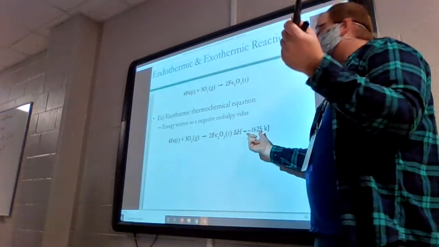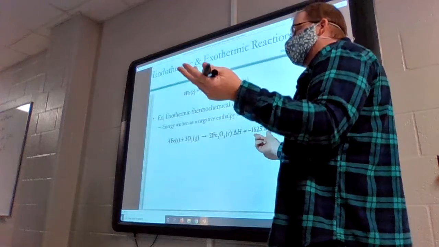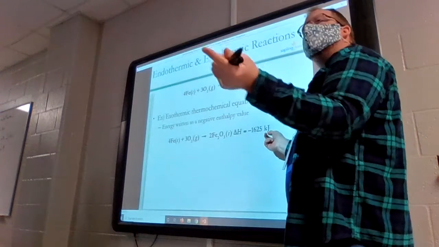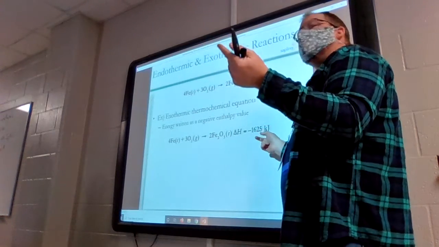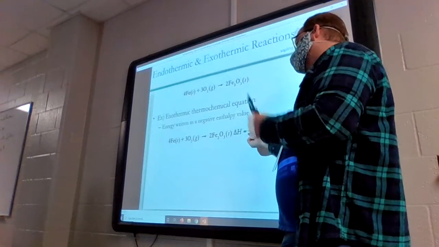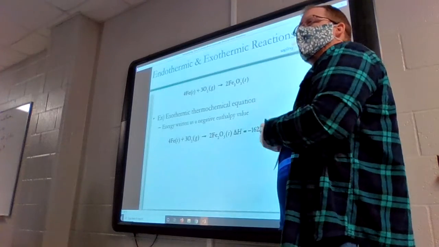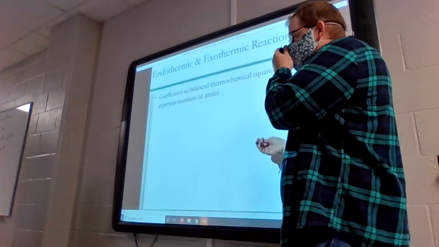And how much did I lose? 1625 kilojoules. Joules is the unit. Kilo means it's thousands of joules, so we have 1,625,000 joules. That's the amount of heat that we're using.